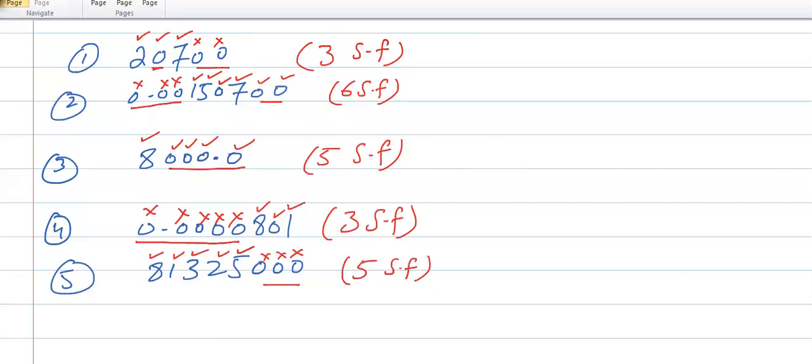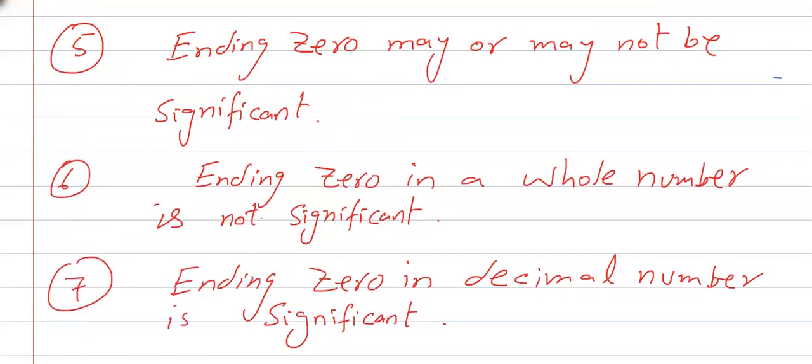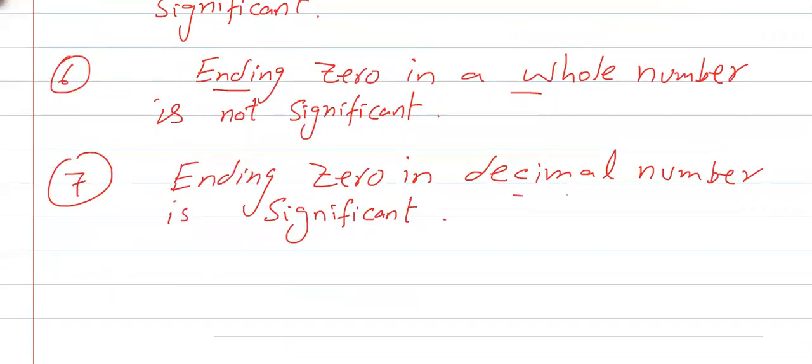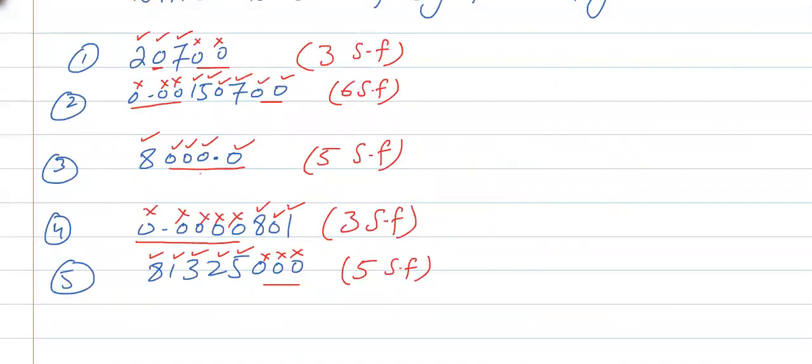Look at this rule once again. Ending zero in a whole number is not significant, but ending zero in a decimal is significant. So in this case, it's a decimal. If you look at this one, it's a decimal. Being a decimal, I will say these are significant. Okay.